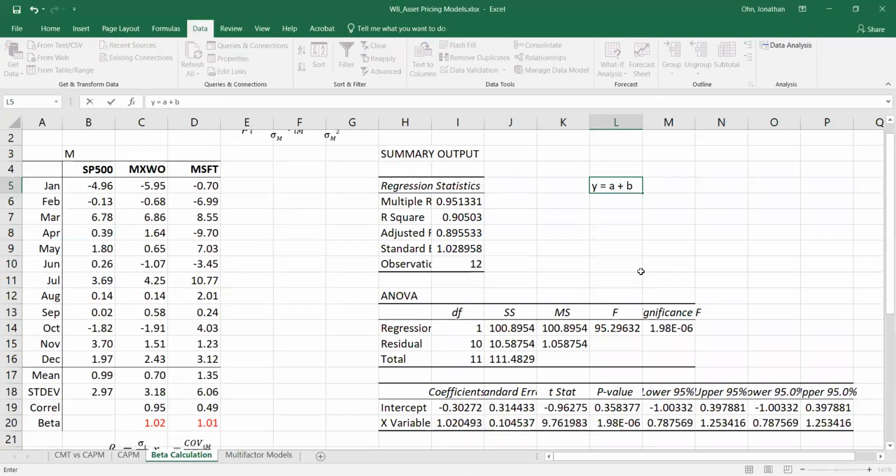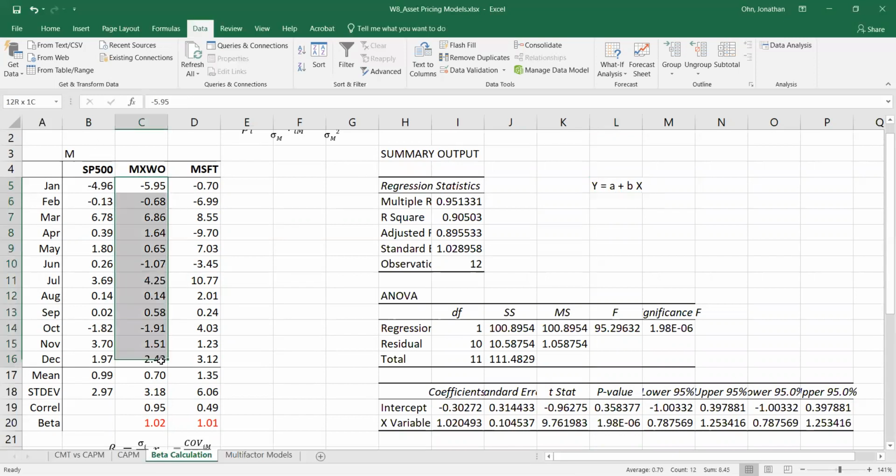So that is your regression line, a regression analysis to estimate the linear relationship between x and y, where y is your stock and x is the market portfolio.